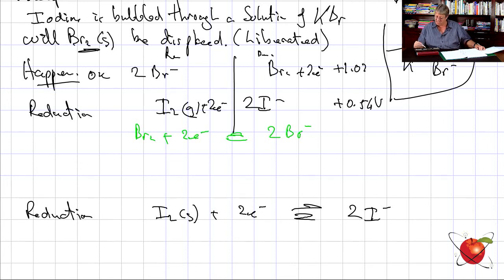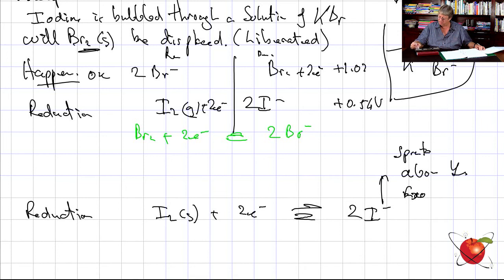Okay, that's that one. Then I say above is yes, exo and spontaneous. We've done this, and below means no.